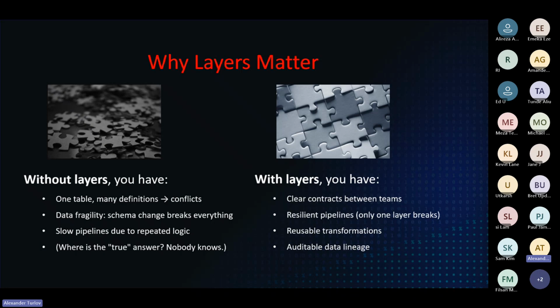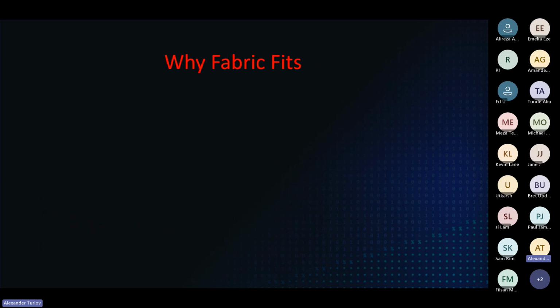So we want to know where we come from, but being data professionals, we absolutely want to know where the data comes from, because of that constantly raised question of where is the truth, right? So that's why layers matter, and that's why we want to use them to organize our data in a specific order. Now, about Microsoft Fabric.